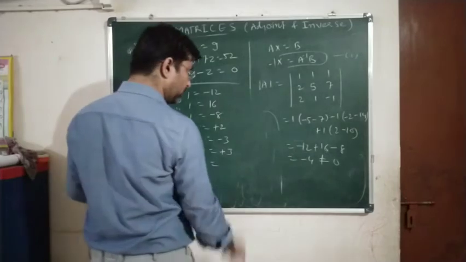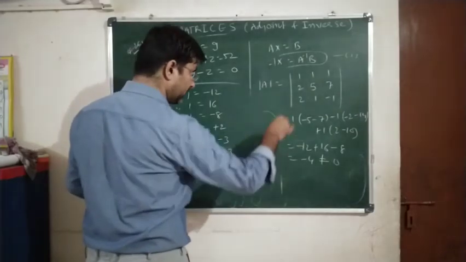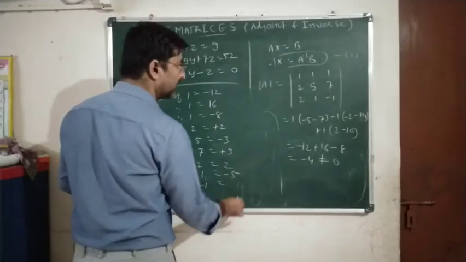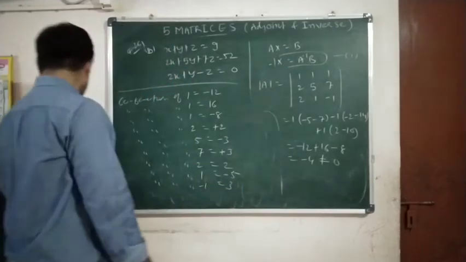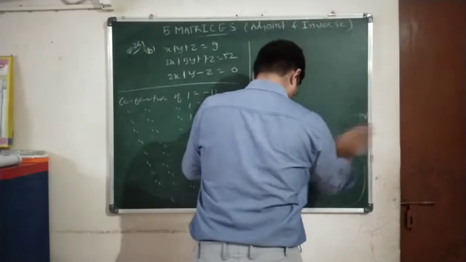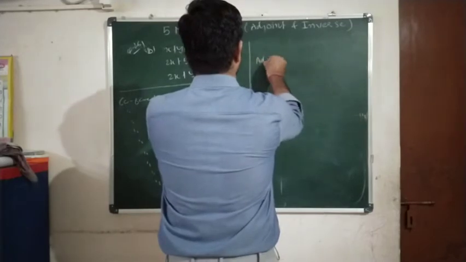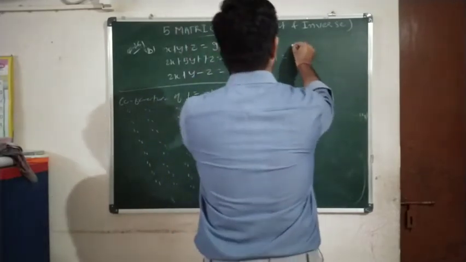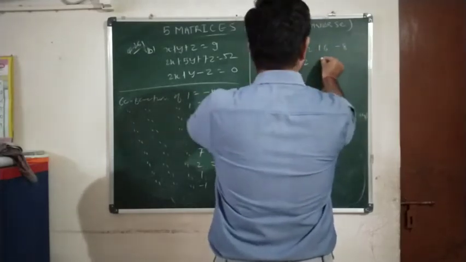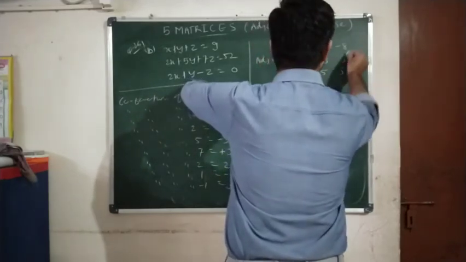Cofactor of 2, 7 minus 5. Cofactor of 1, 7 minus 2 minus 5. Cofactor of minus 1, 5 minus 2, 3. So we got all the cofactors of the 9 elements. Now we can write down the adjoint of A: minus 12, 16, minus 8, 2, minus 3, 2, minus 5, 3.